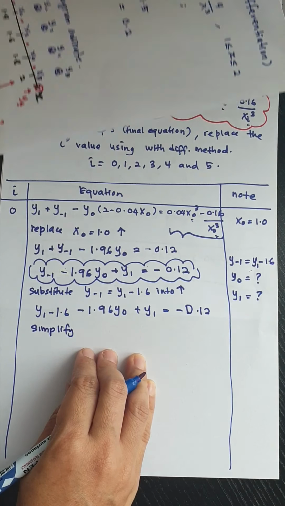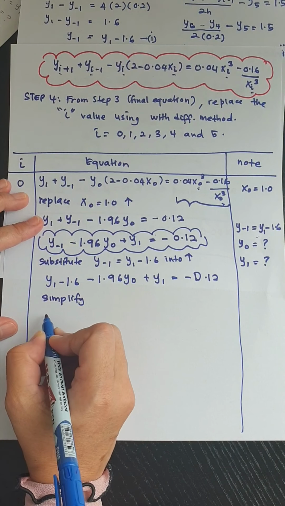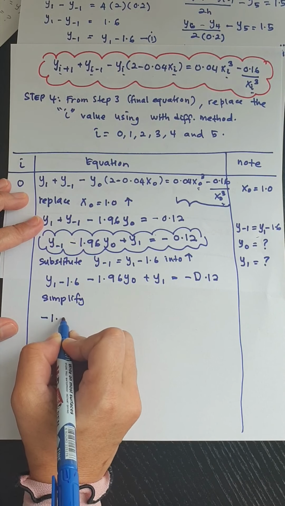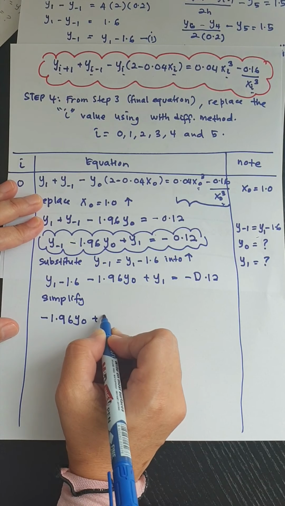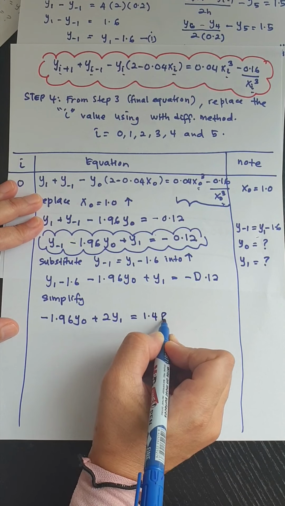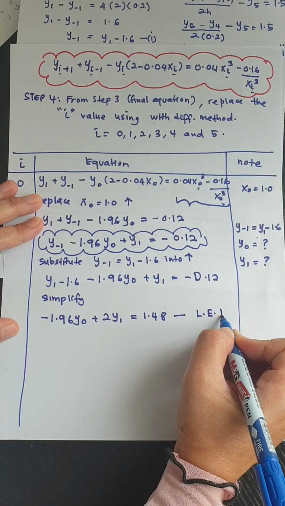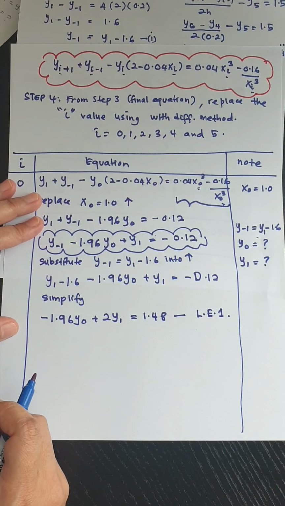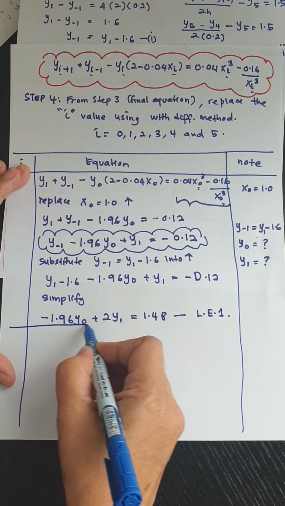This will give you the final equation to be negative 1.96 y0 plus 2y1 equal to 1.48. So this is your linear equation number 1.